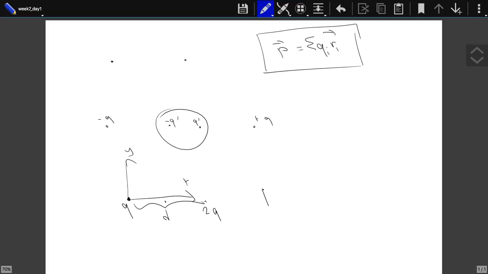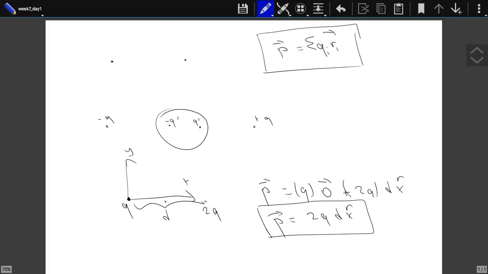In this case, the dipole moment of this system will be Q times the zero vector plus 2Q times d in the x hat. And hence, the dipole moment vector is 2Qd x hat. The system has a dipole.